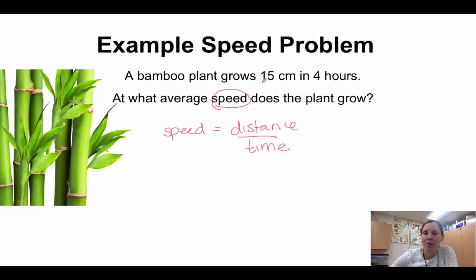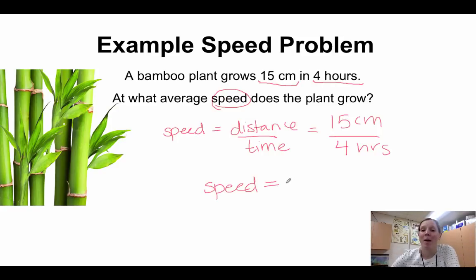So 15 centimeters, I recognize that that is my distance, and 4 hours is my time. So I'm going to plug in those numbers. So speed is equal to 15 centimeters over 4 hours. So my answer will be 15 divided by 4, which is about 4 centimeters per hour.